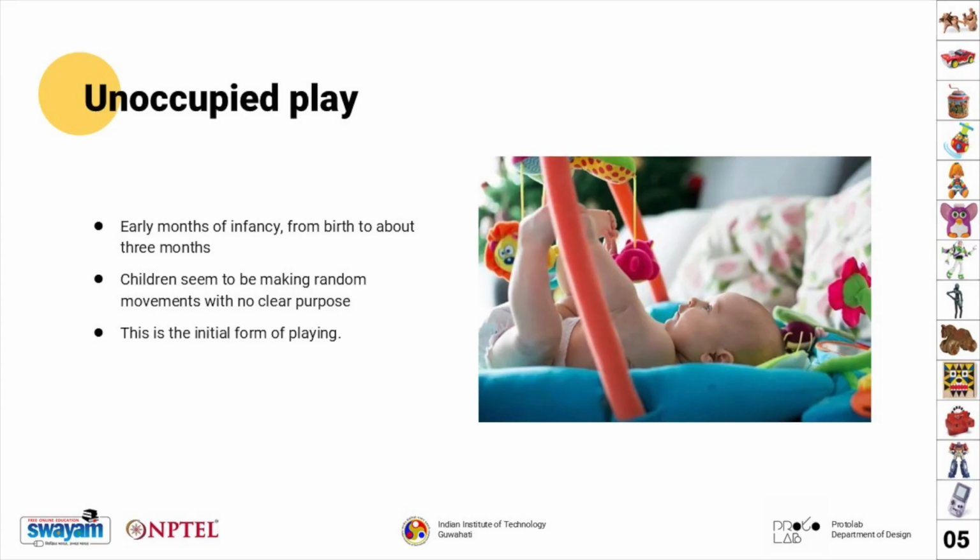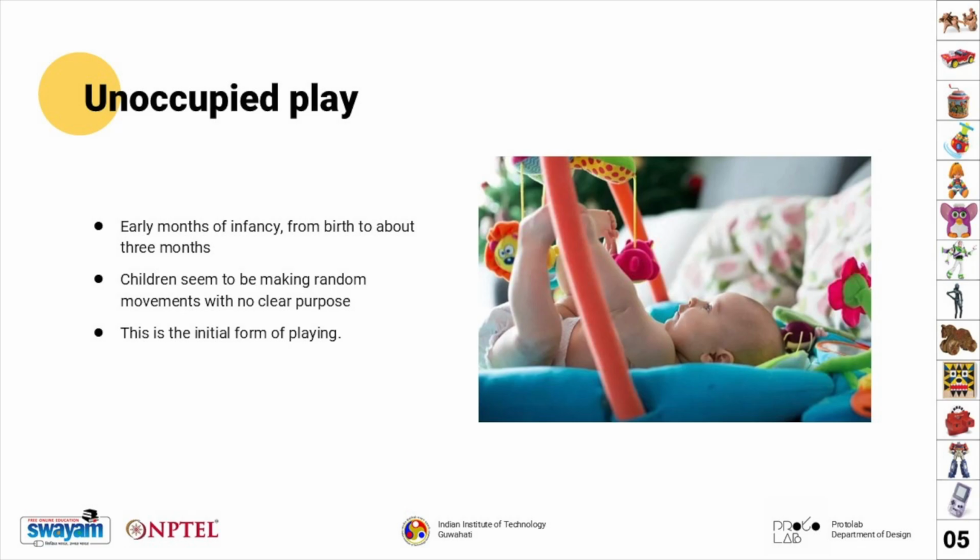In the very early months of life, we see unoccupied play. At first glance, these may not even look like play at all. The baby seems to be moving arms, legs, fingers, sometimes without any obvious purpose. But this stage is extremely important.